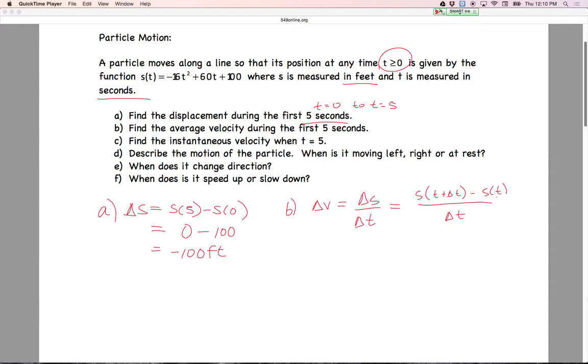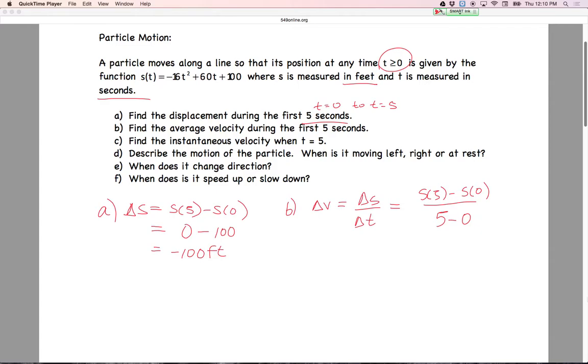When you did a ratio, could you flip-flop the order, as long as you flipped it where? On top and bottom. So here, you don't have to do displacement as end minus start. Only when you do it by itself does it matter. But to stay consistent, we'll keep doing it that way. We'll go s of 5 minus s of 0. Most of you are like, oh yeah, that's just y2 minus y1 over x2 minus x1.